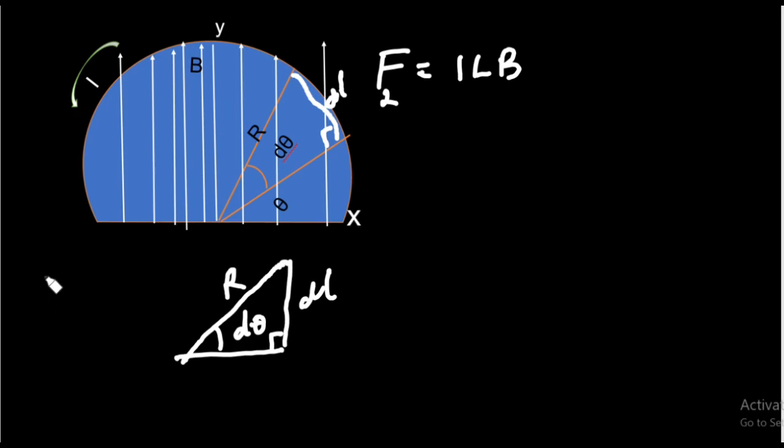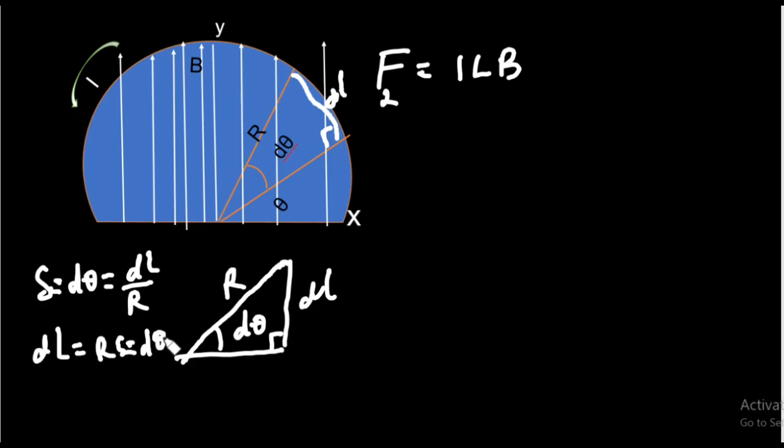So sine dθ equals opposite over hypotenuse, such that dL is R sine dθ. Since we define an infinitesimal length, we also define an infinitesimal force.